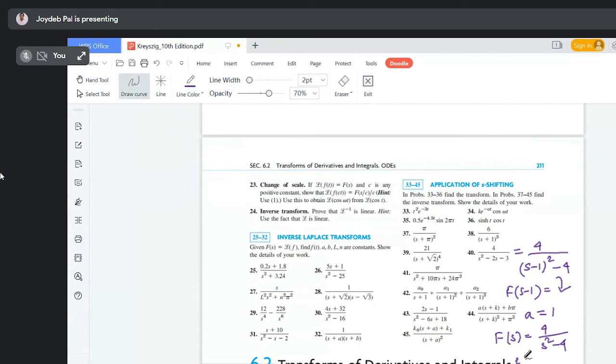Then ft. Can you tell me ft? Anyone? I am doing it in rough. What will ft be? There is a minus, look, in the denominator it is square minus square form, so that will be a hyperbolic function.